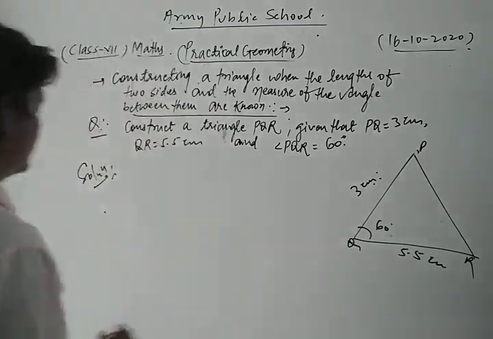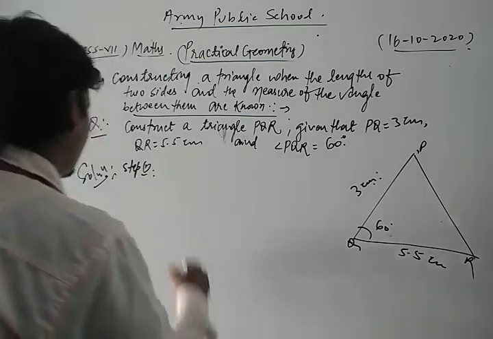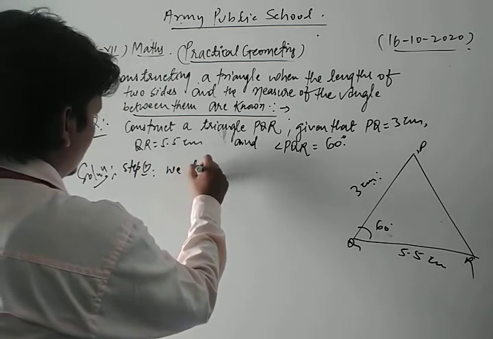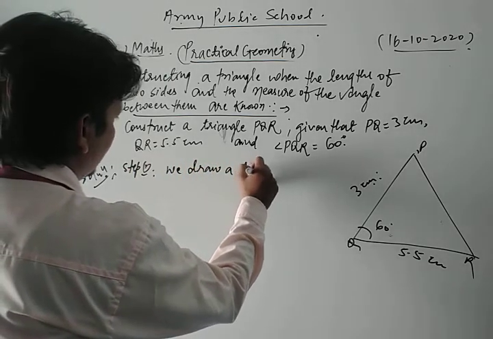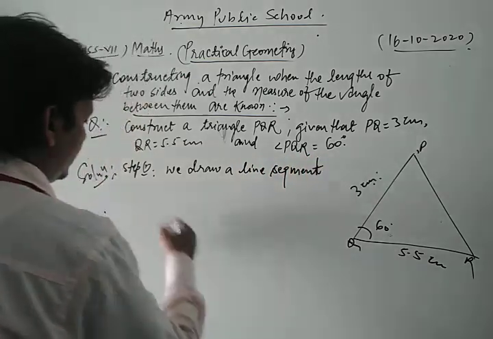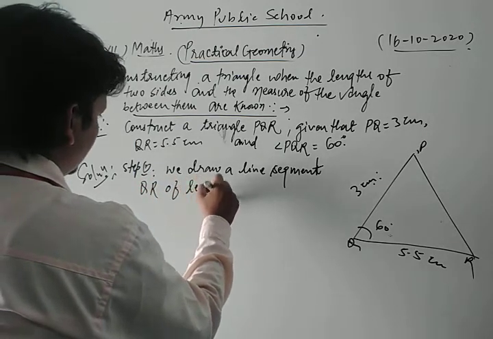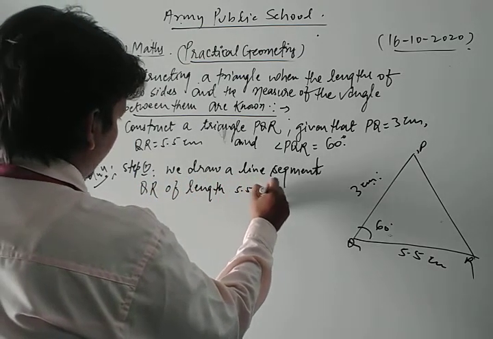Let's see. First of all, dear students, in step one, we draw a line segment QR of length 5.5 centimeter.